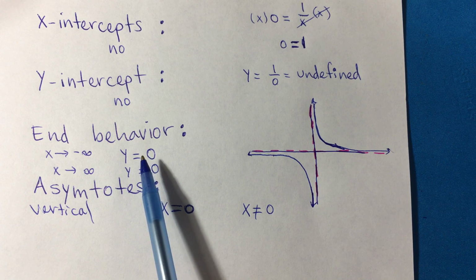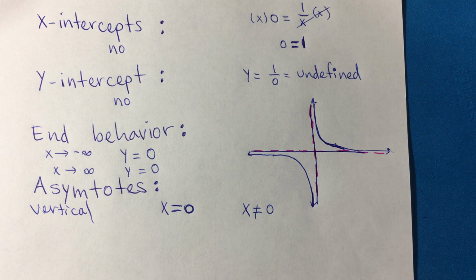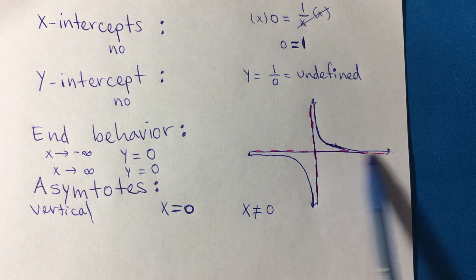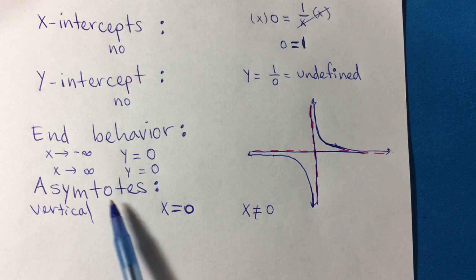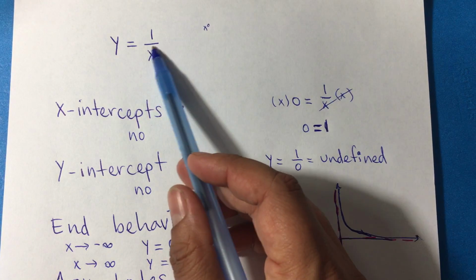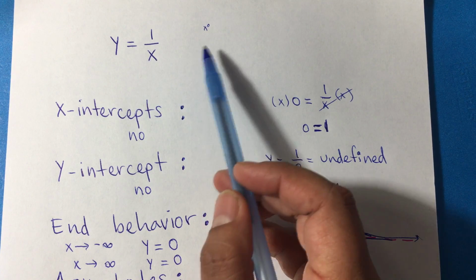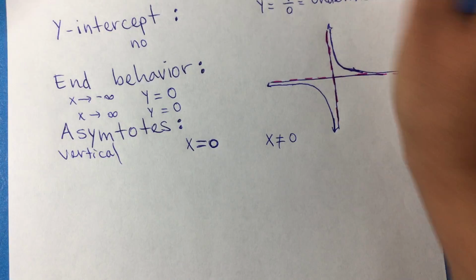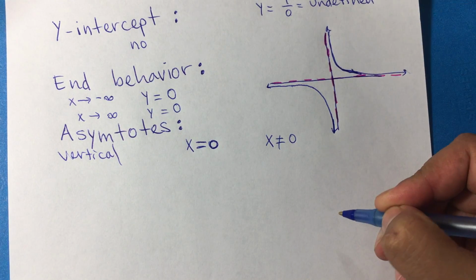If the degree of the denominator is less than the numerator, there is no horizontal asymptote. And for the vertical asymptote, you will just make the denominator equal to 0, solve for x, and the value that you get, that's where your vertical asymptote will go.